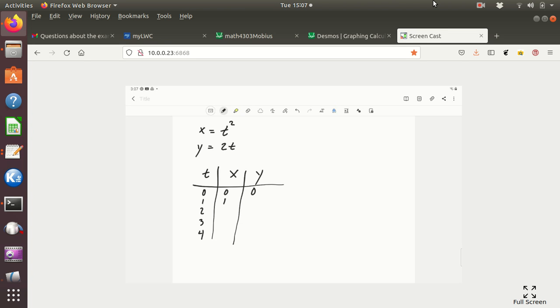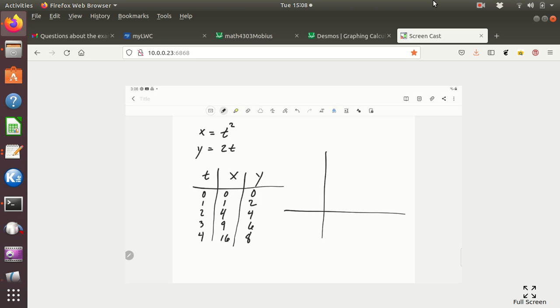Okay, so yeah, so if t is 1, then y is 2. If t is 2, then x is 4, because that's 2 squared, and then 4 for y. We've got 9 and 6, 16 and 8. And so, if I came over here and started drawing this, I would have 0, 0 first, then 1, 2.